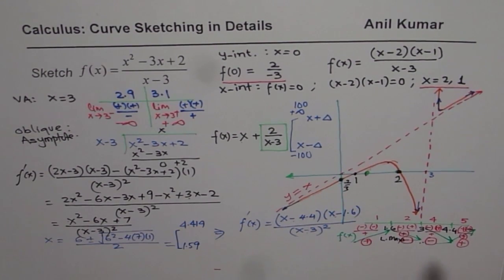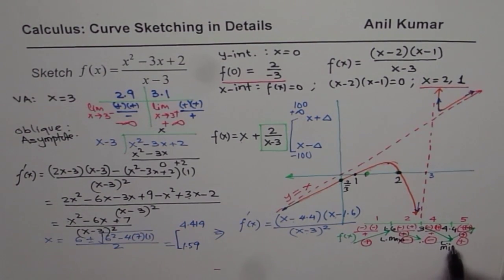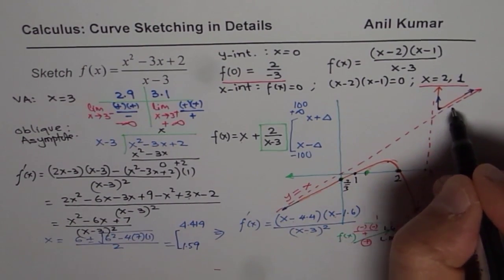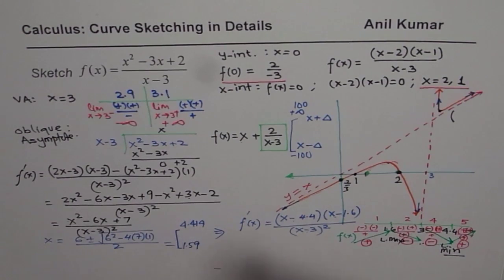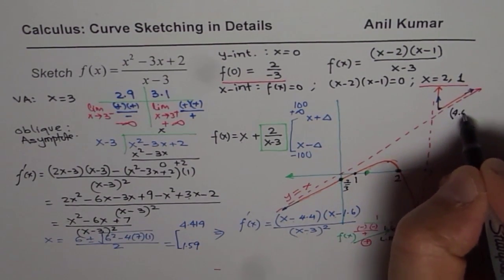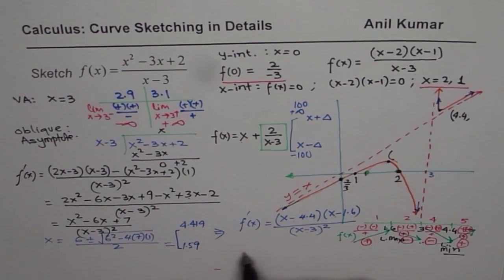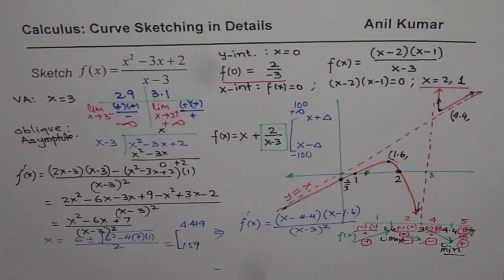We do not have anything here, but we have a local minimum at the second critical point. So this is local minimum. Perfect. So we have a maximum and a minimum value. Minimum is at approximately 4.4 x value, right? And the maximum is approximately at, I'm writing 1.6, instead of 1.58, 1.6 approximately.